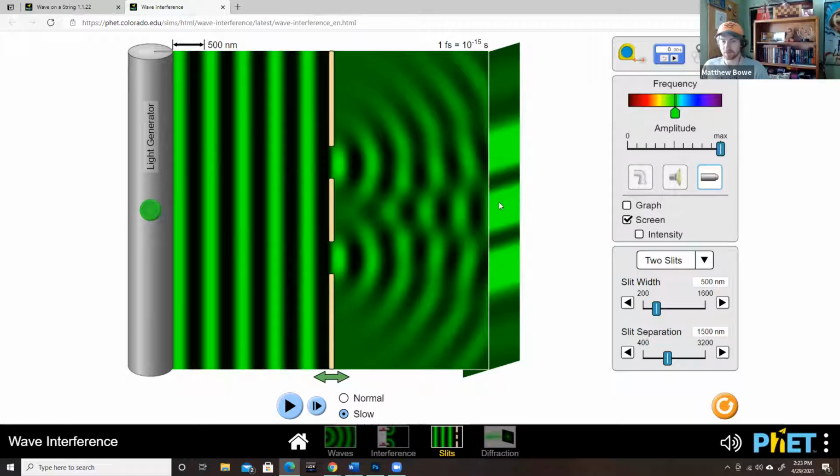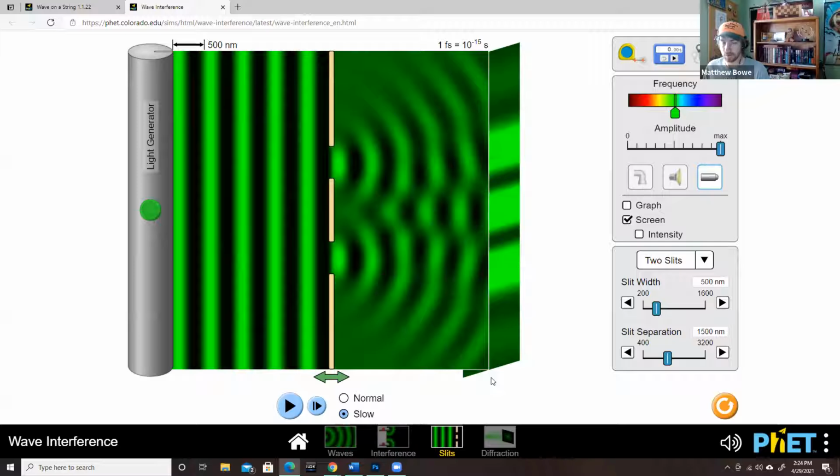But then there's this bright region right in the middle, and there's no light really directed through anything right in front of that. So this is some good proof that light does have wave properties. And I know with the simulation, we're already seeing it as waves, but at the time it was highly debated.